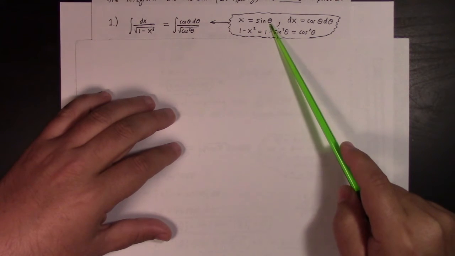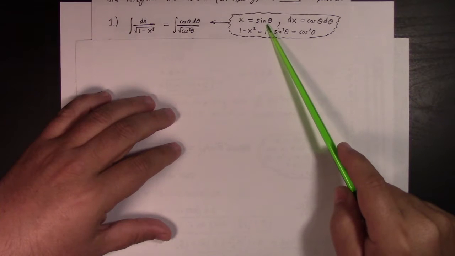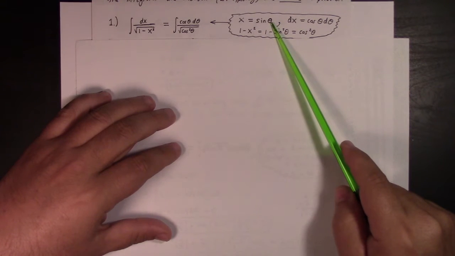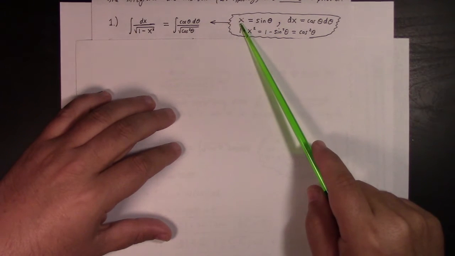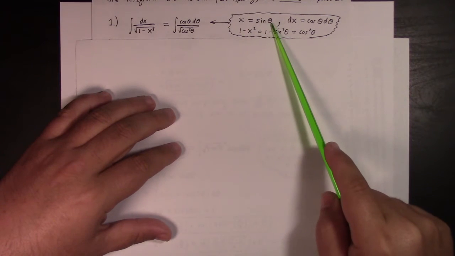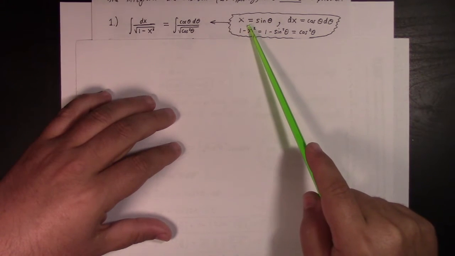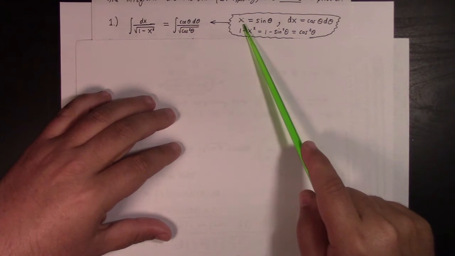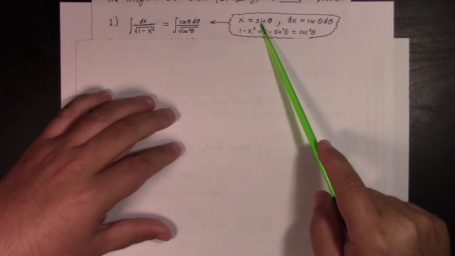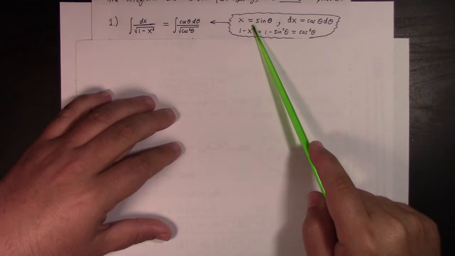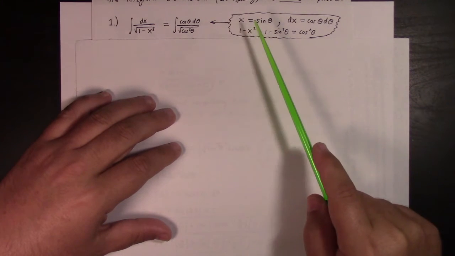If this were U substitution, as we discussed in first semester calculus, then we'd say u equals something, right? But you notice here that the substitution is implicit in the sense that x is the old variable, theta is the new variable, and we're wrapping the new variable theta up in terms of some relation with the old variable, so x equals sine theta. Now the reason to do that is that making this kind of substitution allows us to remove the radical.